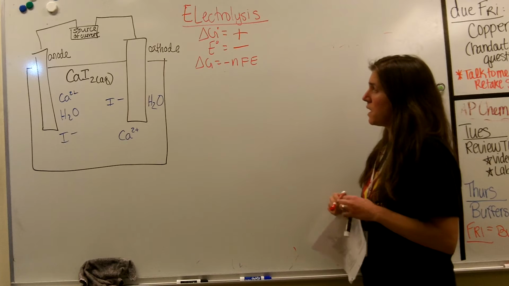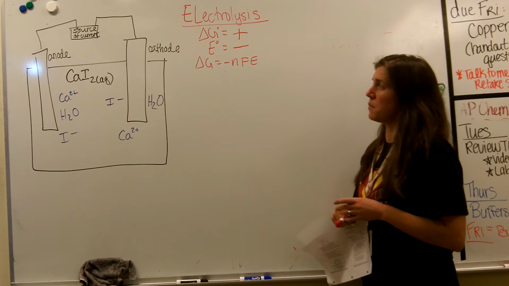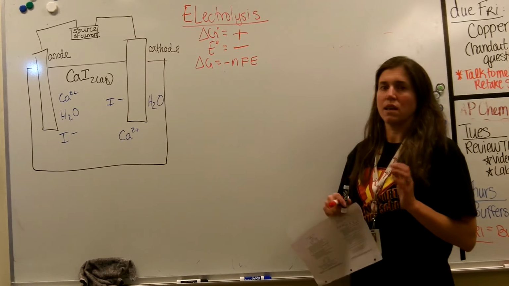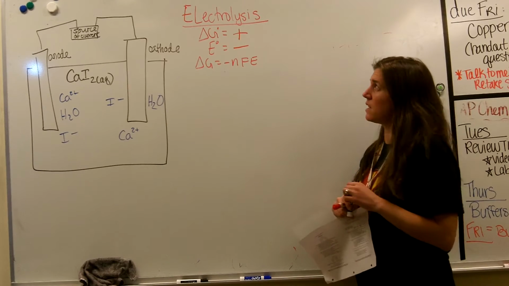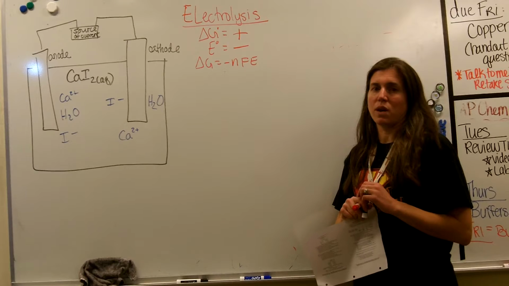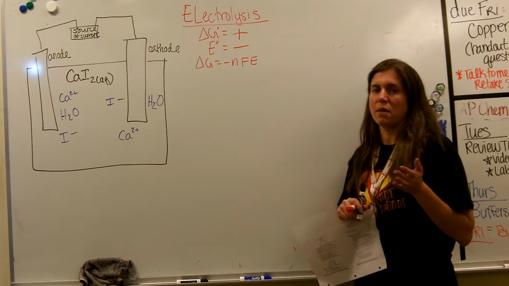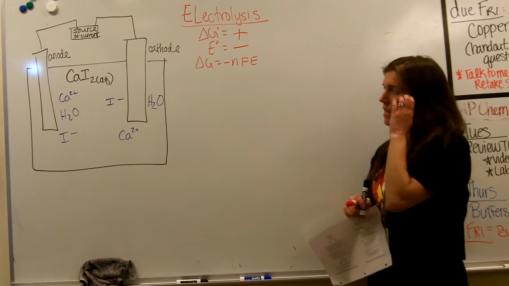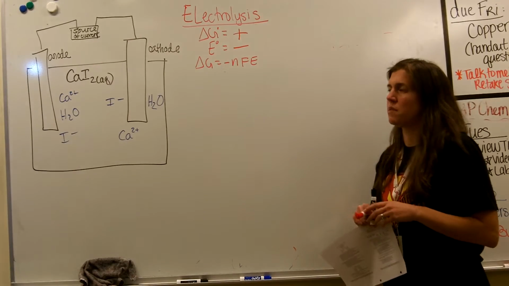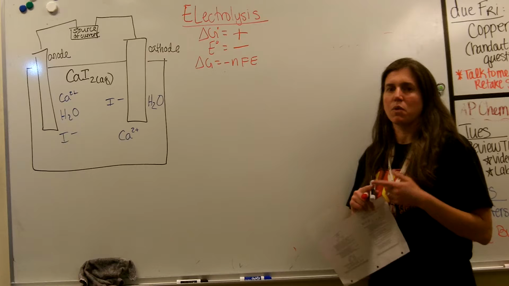So there's kind of two main types of questions that you might see with electrolysis. One has to do with just what's happening in the cell: who's being oxidized, who's being reduced, what's the cell potential. And the second part will involve some quantitative questions.